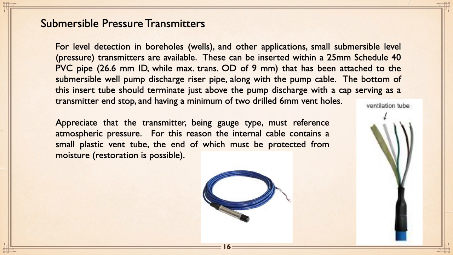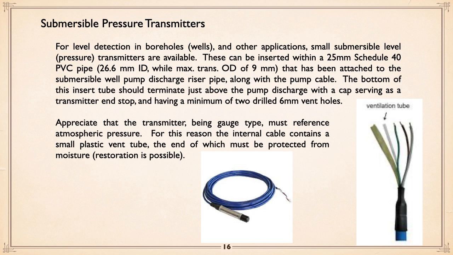Now, the interesting thing with these is, again, it's always reference. What these submersible transducers do is the cord comes up to the surface dry and will have a ventilation tube running the whole length. So that must be protected from moisture.